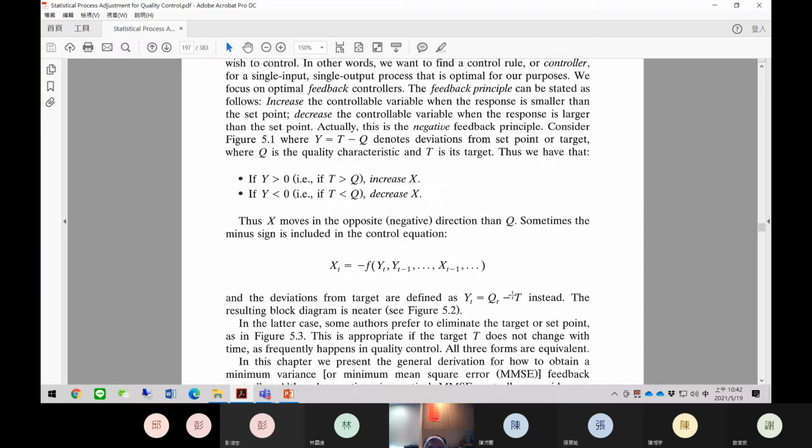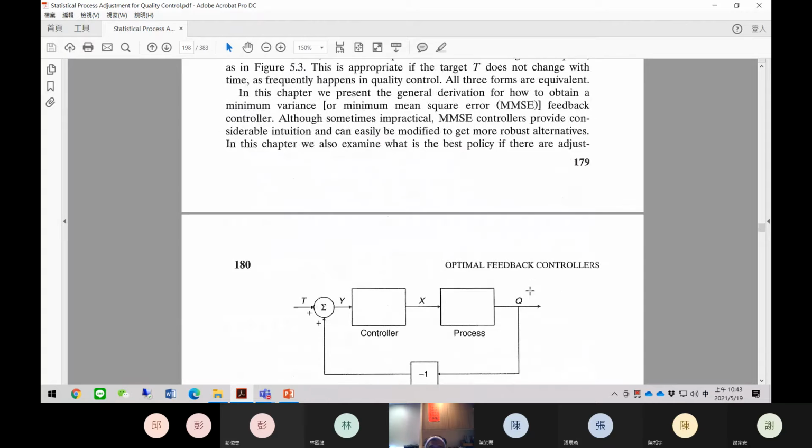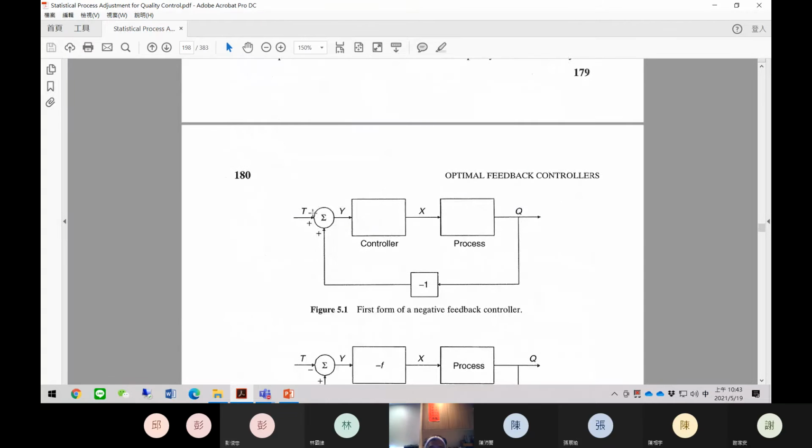So you can see that, since if Y is greater than 0, no, Y greater than QT, no. Okay, we put a negative of that. Okay, in this case, we should manipulate the XT in order to get the QT output as close to the target as possible. So right here, the information is fed back into the controller to control the XT in order to make the plant produce the output as close to the target as possible.